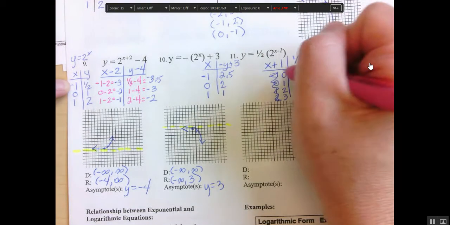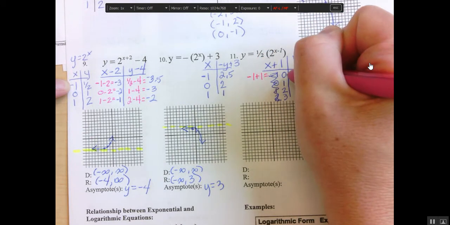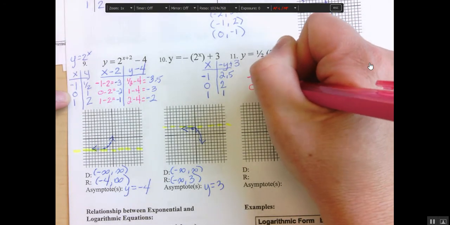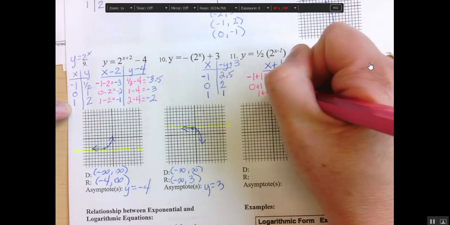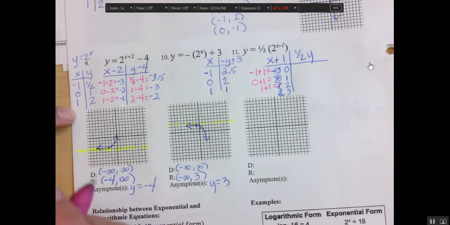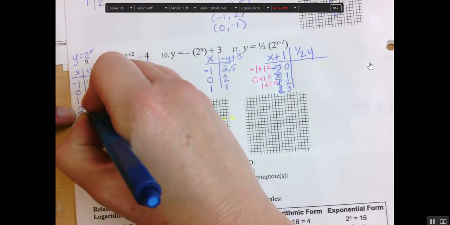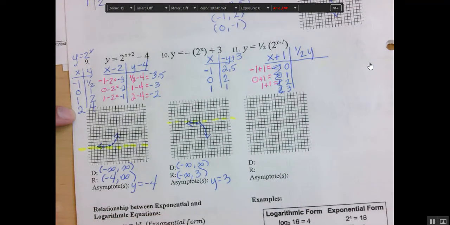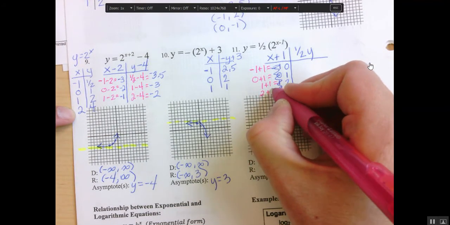I see I confused you, I'm sorry. -1 plus 1 gives me 0. 0 plus 1 gives me 1. 1 plus 1 gives me 2. And then the last one for my parent function would be 2 to the 2 is 4. So 2 plus 1 gives you 3.